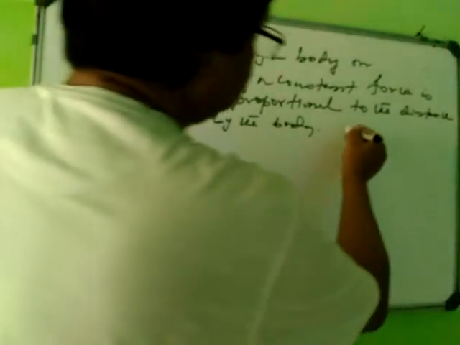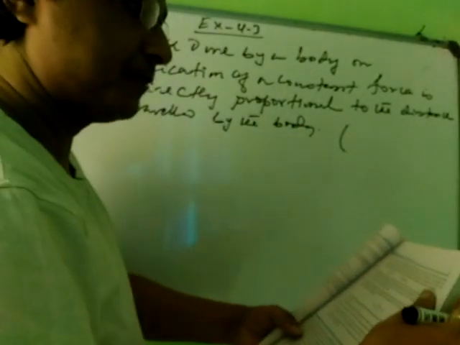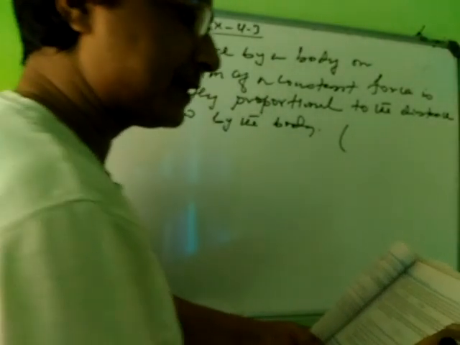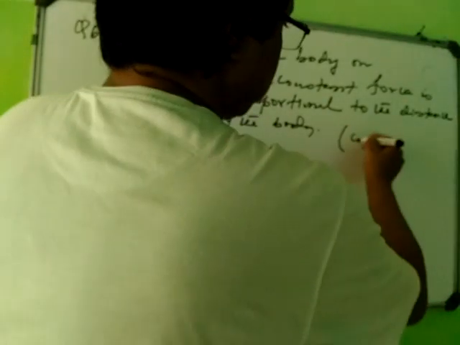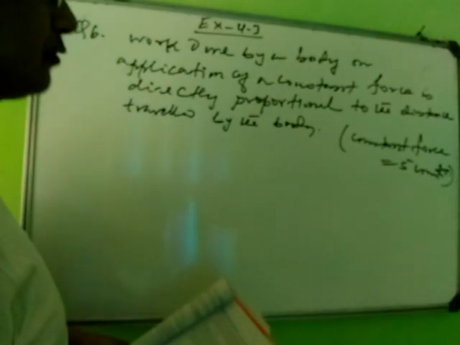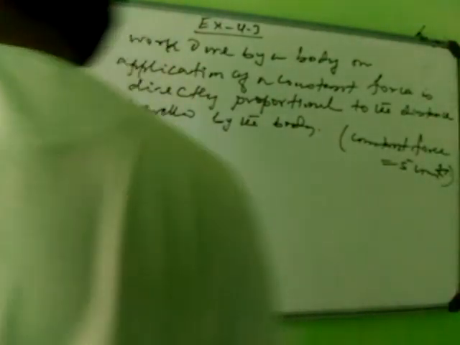And here the constant force is taken as 5 units. So here the constant force is given as 5 units. You are to frame the equation, and then you are to draw the graph of this.